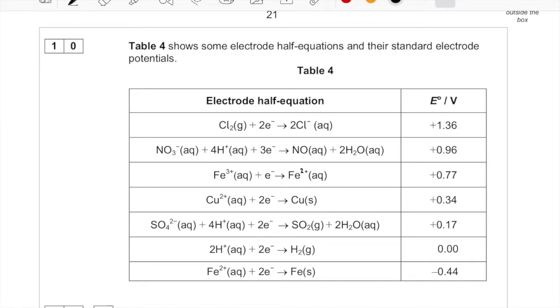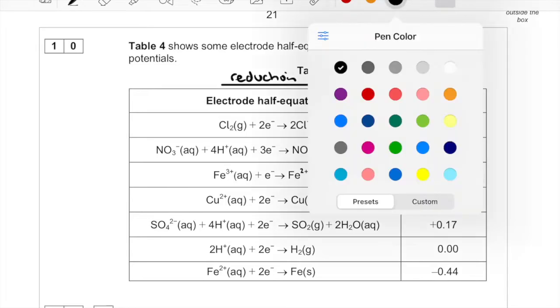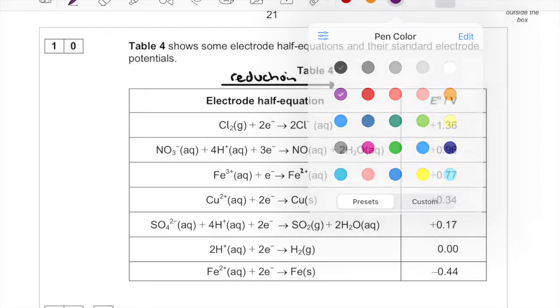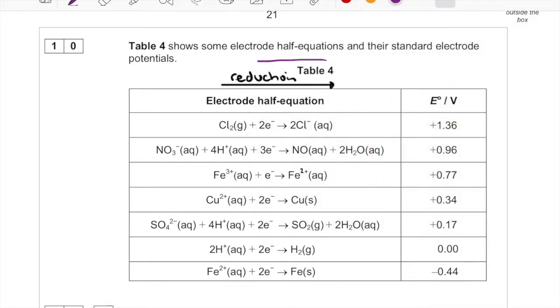They've got the oxidized species on the left and the reduced species on the right. So when we look at the equations from left to right, reduction is taking place, which means if we flipped the equations and went from right to left, then we would have oxidation happening.